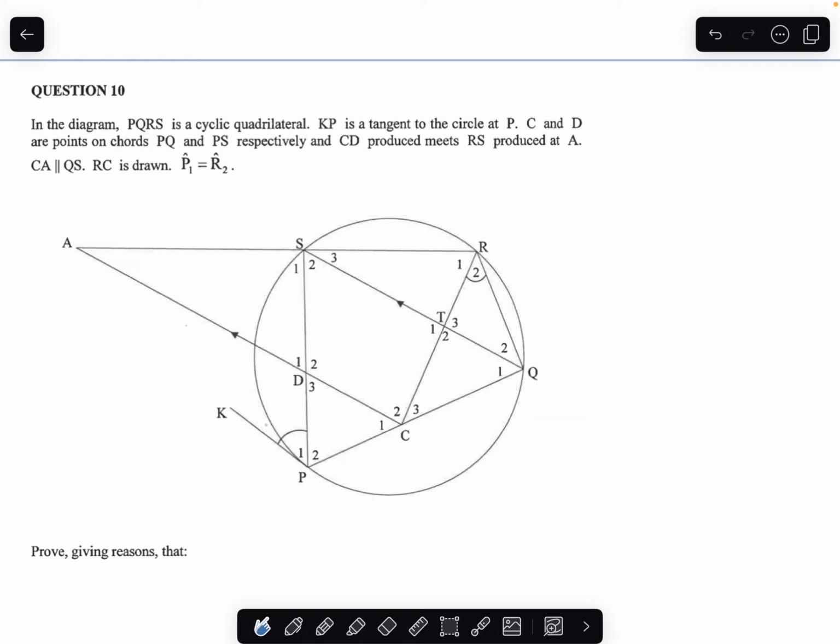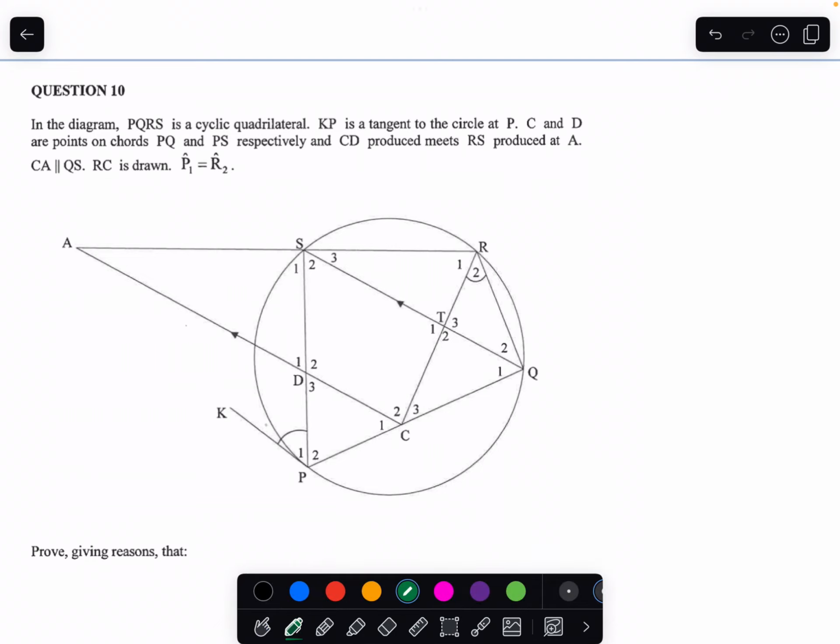So for the first question, which was to show that S1 is equal to T2, they first say P1 is equal to Q1 because of tan chord. Perfect. Then they say S1 is equal to Q1 plus Q2 because exterior angle.